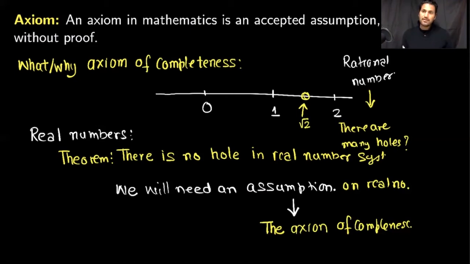Instead, we will take this assumption as granted and we will prove that there is no hole in the real number system. Before I give you the statement of this axiom of completeness, I need a few definitions. So I will go over some basic definitions and notions before I give you the complete statement of the axiom of completeness.